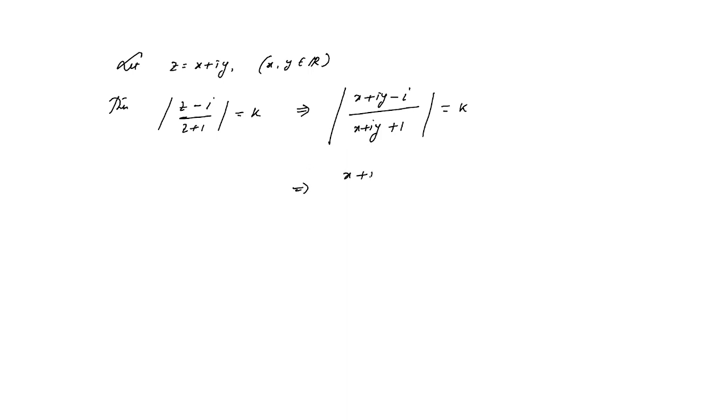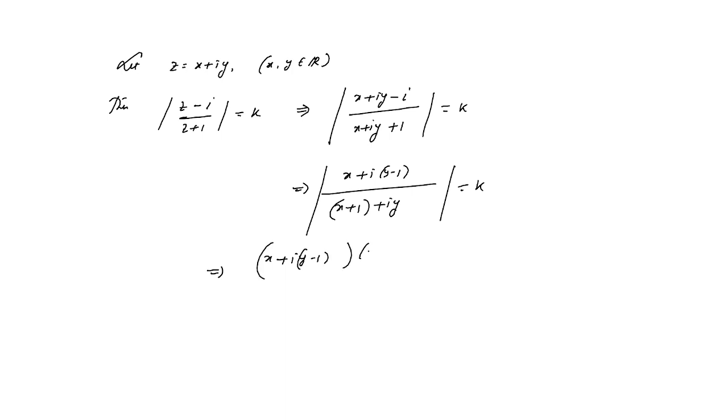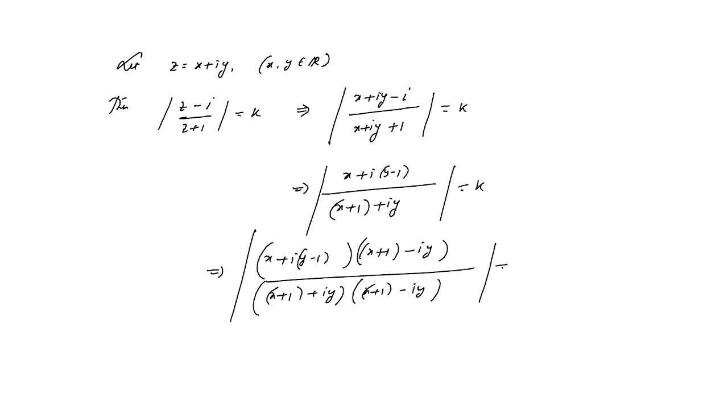So it will be the modulus of (x plus i(y minus 1)) by ((x plus 1) plus iy) equals k. Next we multiply by the conjugate: [x plus i(y minus 1)][(x plus 1) minus iy] by [(x plus 1) plus iy][(x plus 1) minus iy], and that modulus will be k.